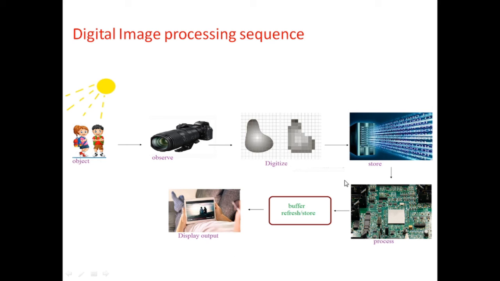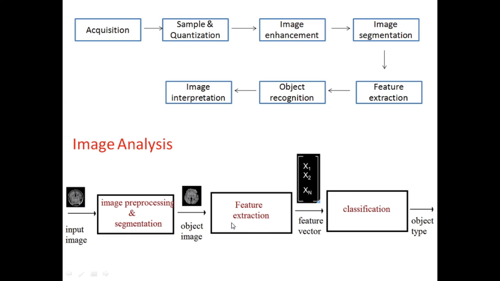So the entire activity is like this: the light is reflected by the object, the camera converts the light photons into an electrical signal, and we get an analog image, which is converted into a digital image by spatial sampling, that is sampling along the x direction and after that along the y direction. Then we get a 2D array of numbers, and this information is stored here, processed here, and streamed or buffered, and we can see it on the display screen.